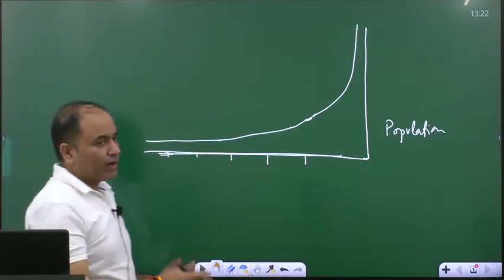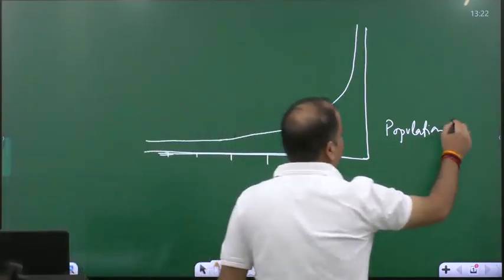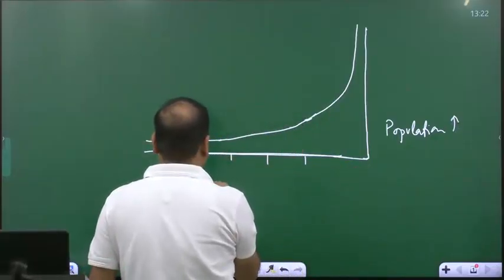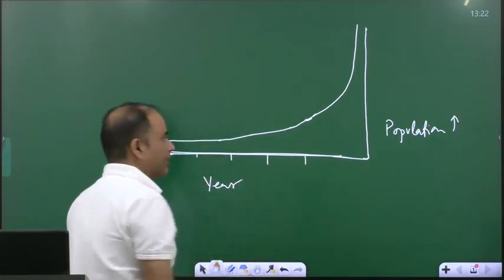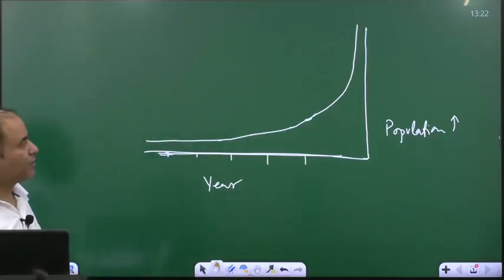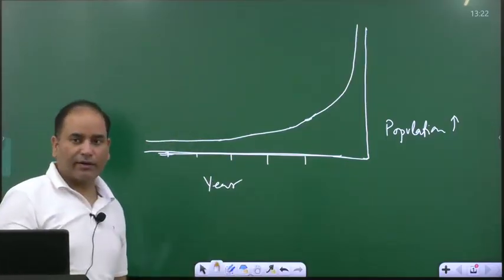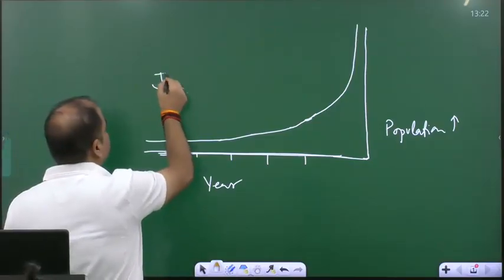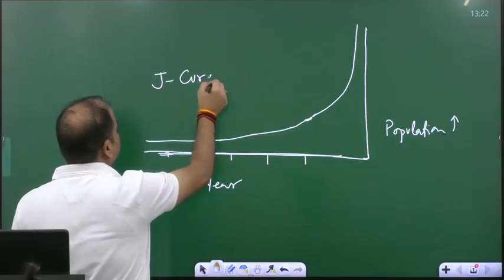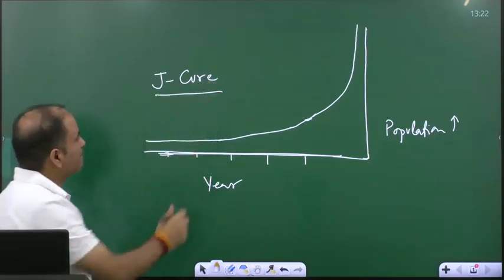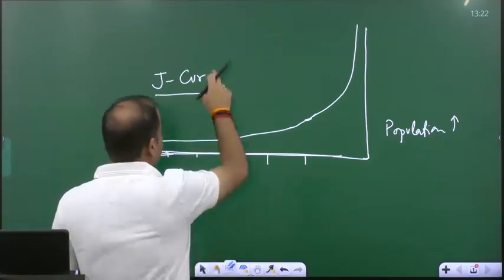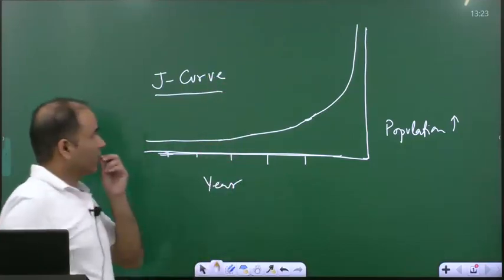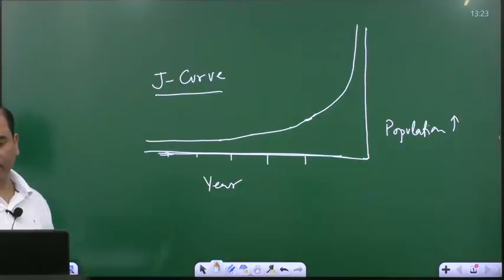So if you plot the population and year, this population year graph will more or less appear to be in which shape? It is like a J curve or not?